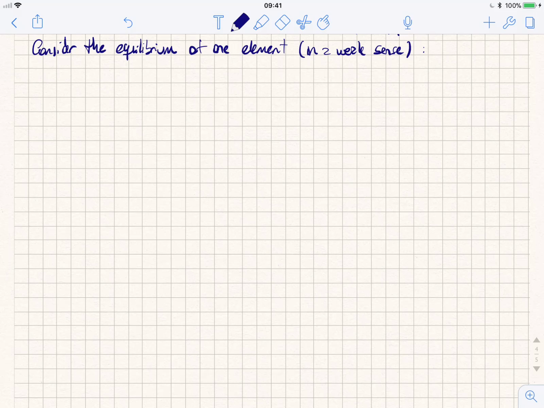So if you remember the equation, xj, we had something that looked like this.